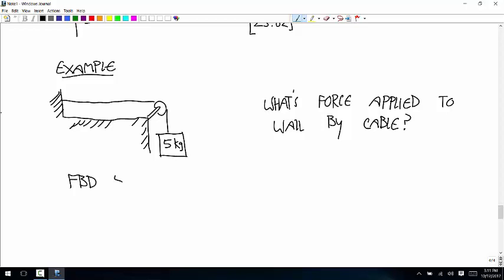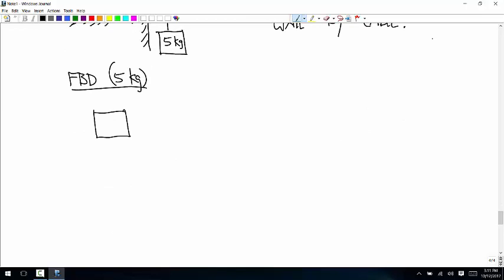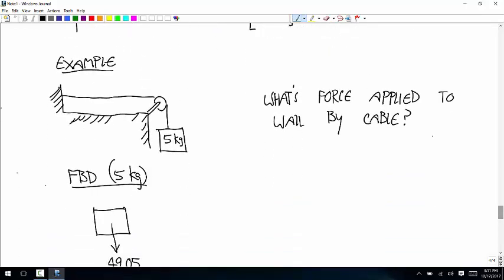So a free body diagram of the 5 kilogram box. We have the weight of 5 times 9.81, so 49.05. The direction of the force that that cable applies has to be parallel to the cable where it leaves this object, and it has to be away from the body. So it's an upward force. I'll call it T.